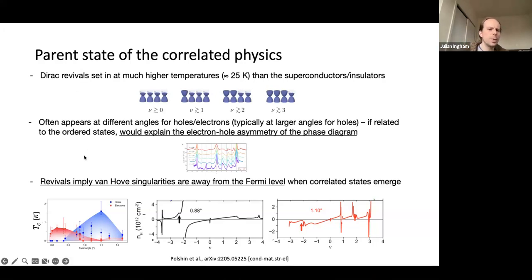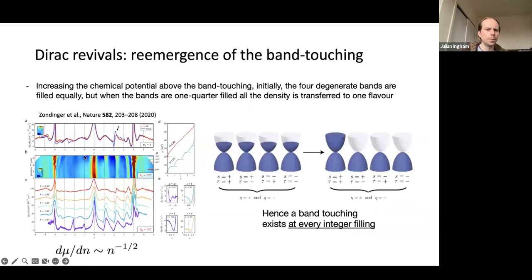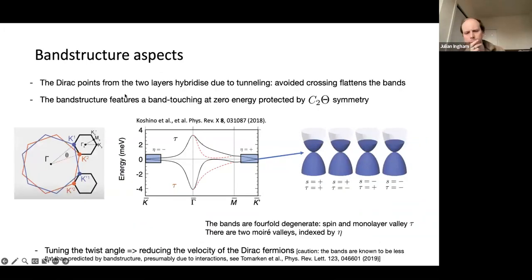So some theory work has been devoted to explaining the superconductors and insulators in this system with resort to some of the novel features of the band structure far away from this band touching point. So when you go far away from the band touching point to this high energy region of the band structure, you have a bunch of interesting features.